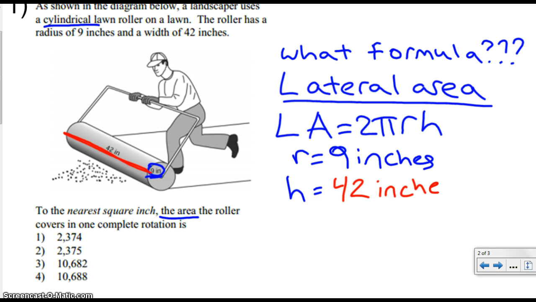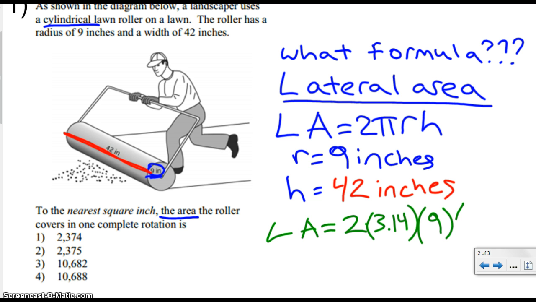I guess I just got to plug it into my formula. So I'm going to write out LA equals 2 times 3.14, because that's what we subbed in for pi, times the radius, which is 9, times the height, which is 42.